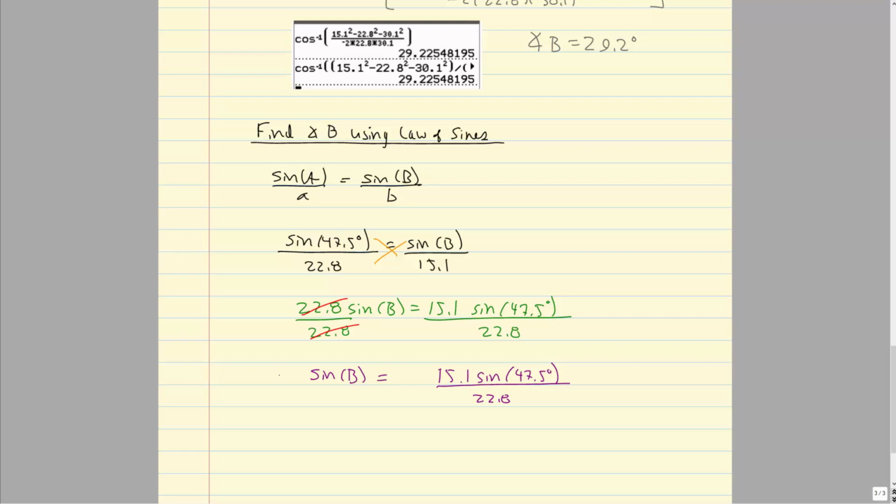So what we're going to do is take the inverse sine, or the arc sine, of both sides, just like we did for the inverse cosine. And on the left, the inverse sine and the sine are inverse operations of each other, so I'm just left with the argument, which is B. And then over here on the right side, let's see what we get.